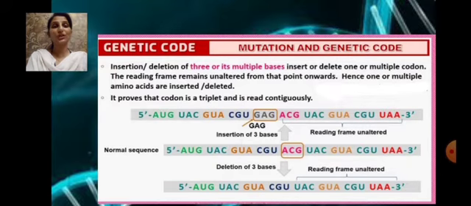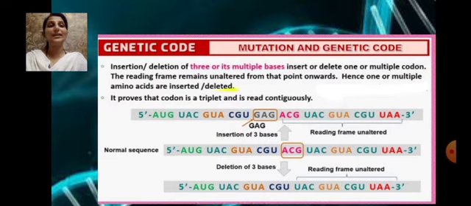It inserts or deletes one or more codons, because we know a codon is a triplet. The reading frame remains unaltered from that point onwards. Hence, one or multiple amino acids are either inserted or deleted.